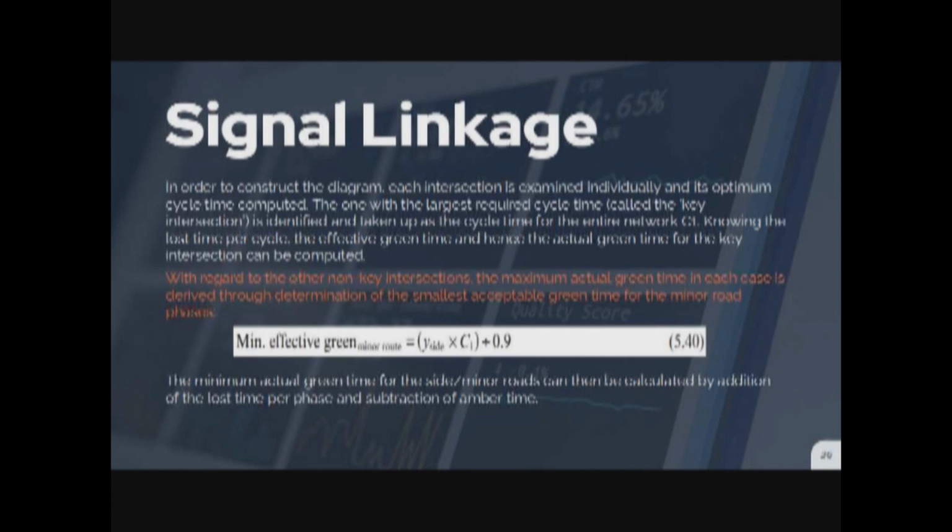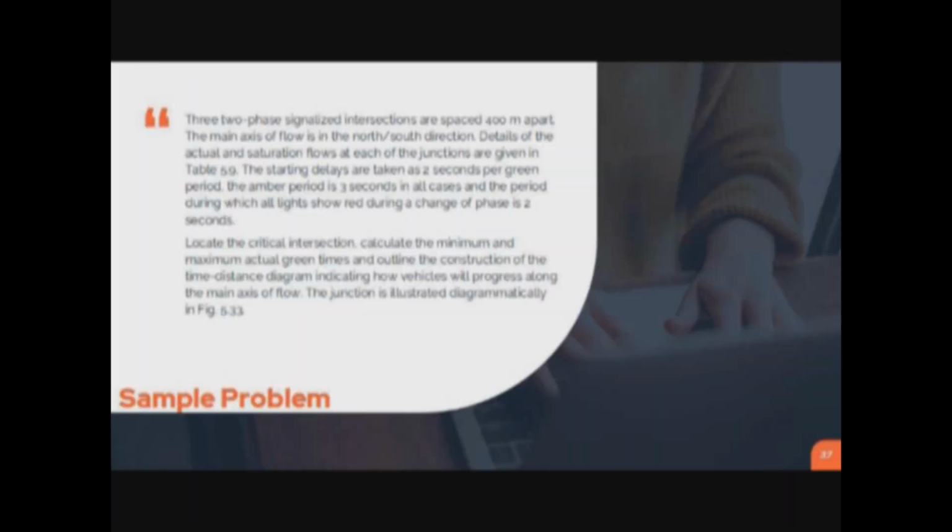So the minimum effective green, which is in the minor route, is equal to the y side times C sub 1 divided by 0.9. So this would be equation 5.40. The minimum actual green time for the side or minor roads can then be calculated by addition of the lost time per phase and subtraction of amber time.